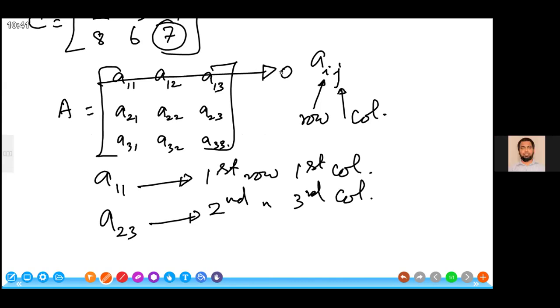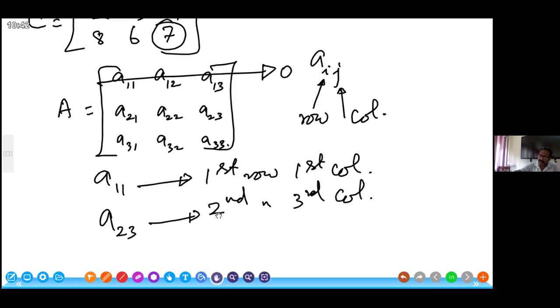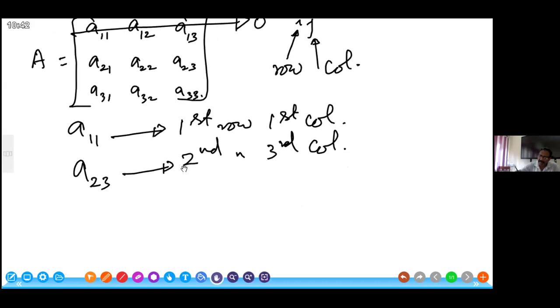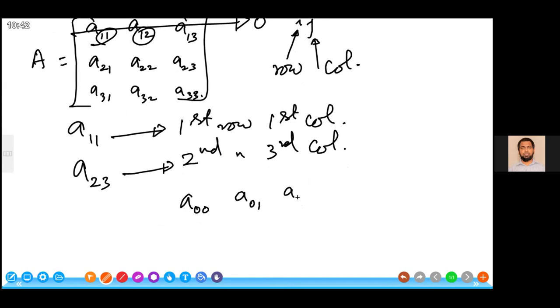The A11 we would call A00, likewise. Yeah, because I simply put these numbers so everyone can understand: first row, first column; first row, second column. You can start A00, A01, A02, something like that. Yes, that is also possible.